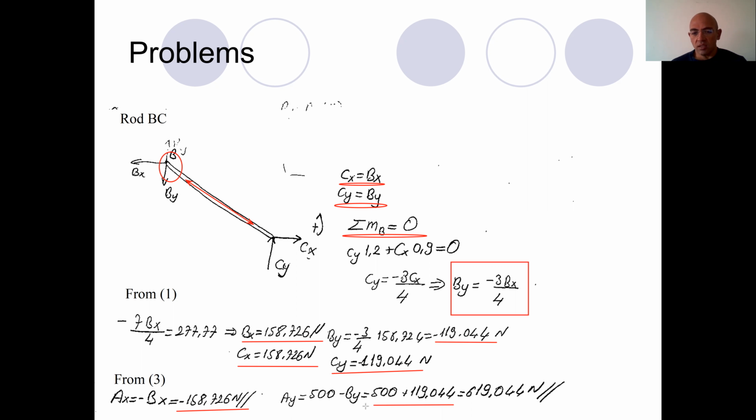This gives us the value of the Ay, that is 619.044 newtons. Okay, so this is the end of the solution.